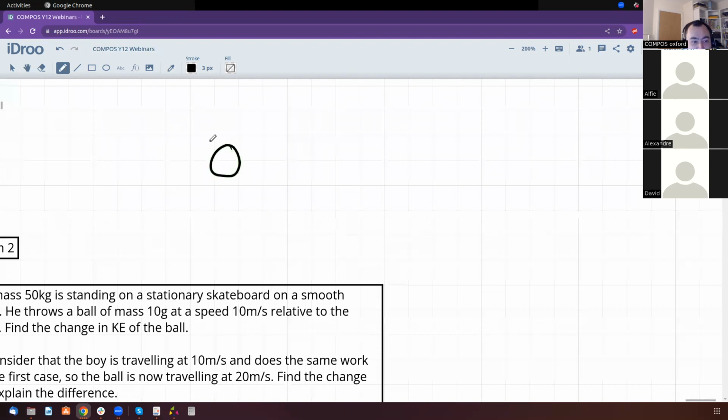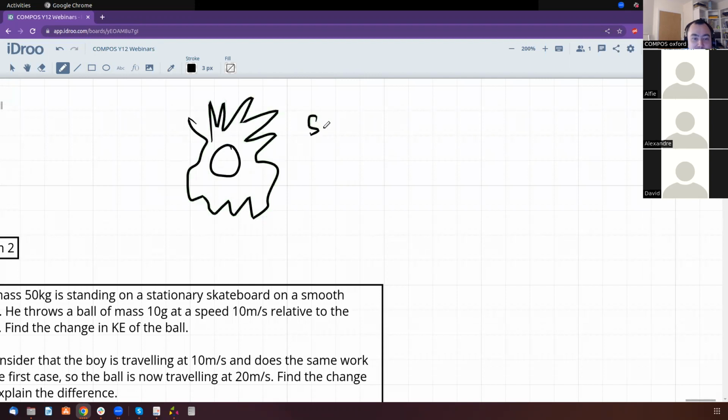It explodes into small pieces. And the smaller the piece, the more kinetic energy it has. Funnily enough, smaller pieces have more kinetic energy than more massive pieces.